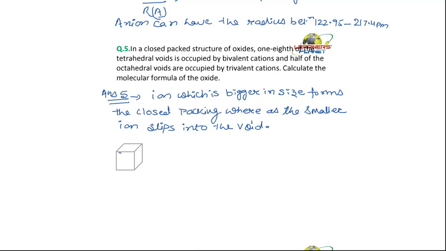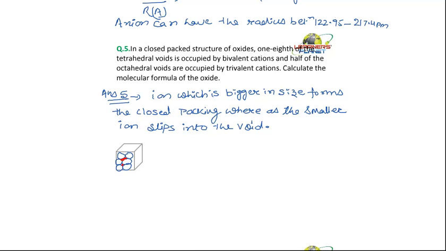See this, right? And at the center the voids are formed. These are the voids, right? So in the voids, what are present? The cations and the anions.